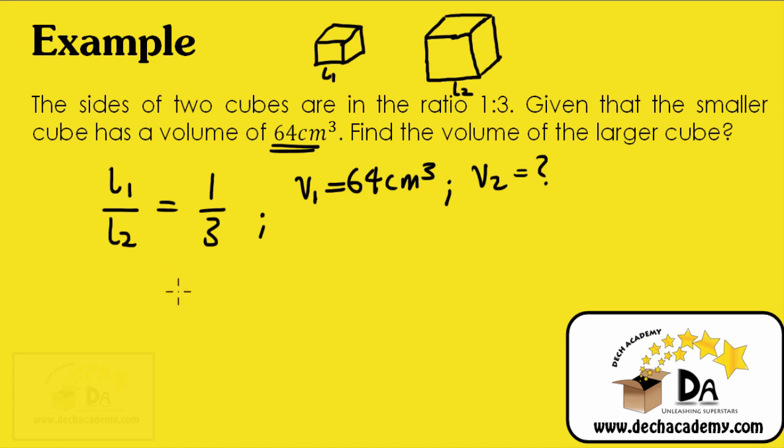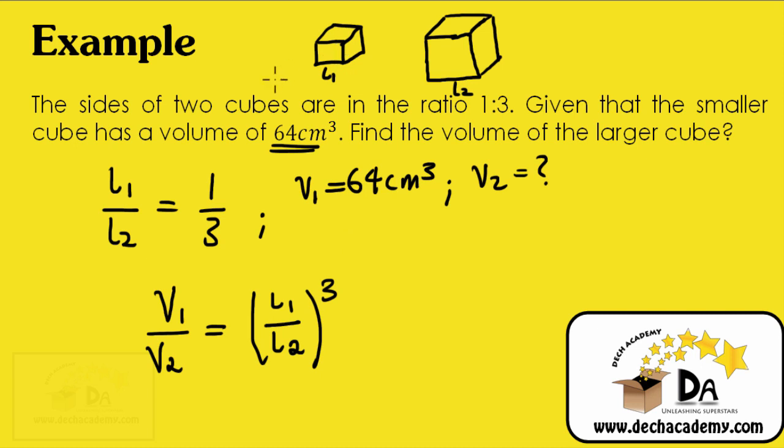Well, what you know about similar solids is as follows. The volume of a shape divided by the volume of a similar shape is equal to a linear measurement of the first shape divided by a corresponding linear measurement of the second shape, all cubed.